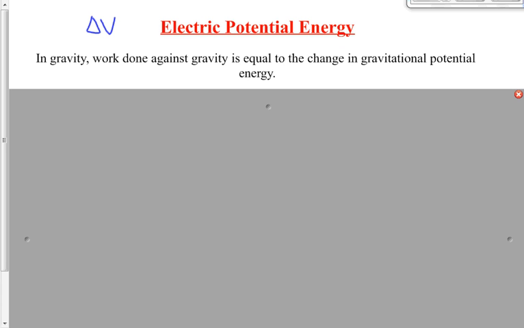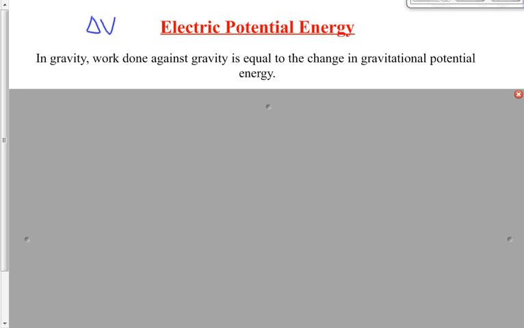But first, before we do that, we're going to step way backwards to Physics 20 for a few moments. In Physics 20, we defined work, in one way at least, as the change in gravitational potential energy.